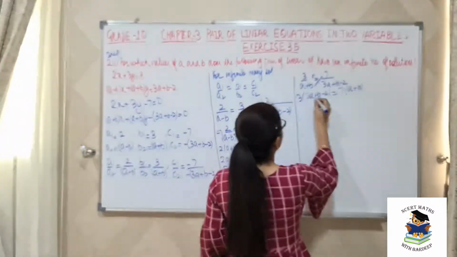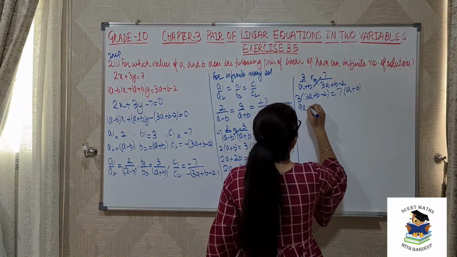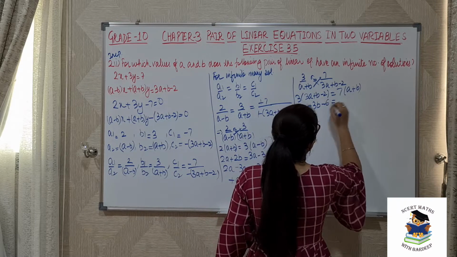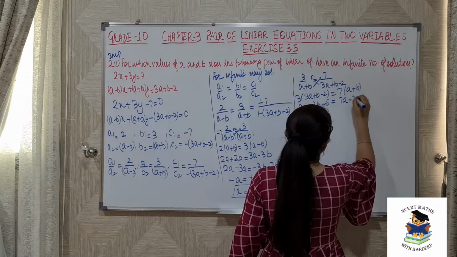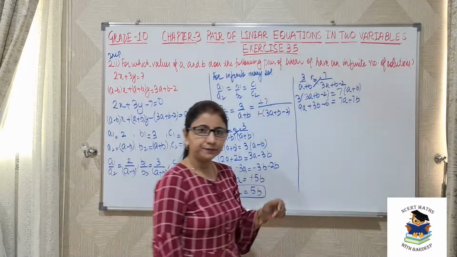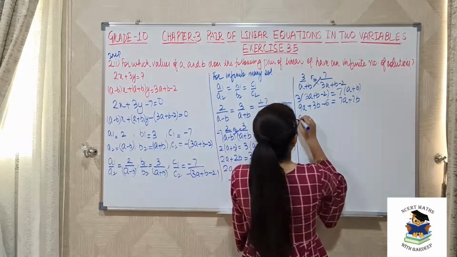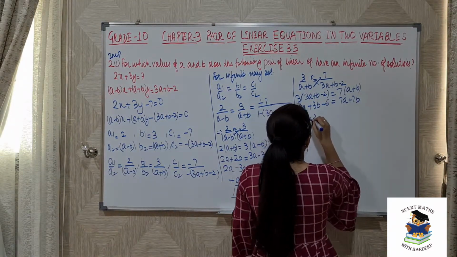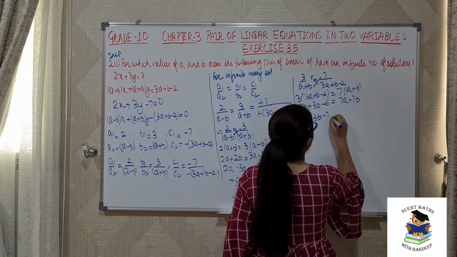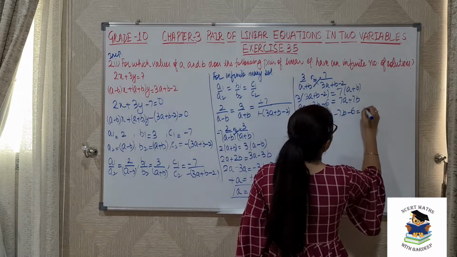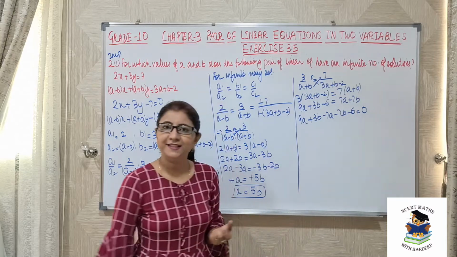Right? Open these brackets. So 3 into 3 is 9a plus 3b. 3 into 2 is 6. So 7a plus 7b. Shift a and b to one side. So this will be 9a plus 3b. On this side minus 7a minus 7b minus 6 equals to 0.